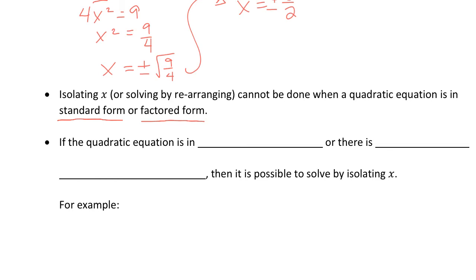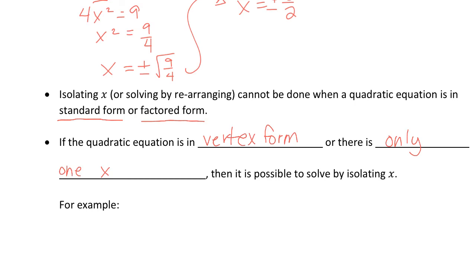So basically, if a quadratic equation is in vertex form, we're going to have that one instance of x, or if there is a standard form where there is only one instance of x. I'm just going to write there's only one x or x squared, then it's possible to solve by isolating x.